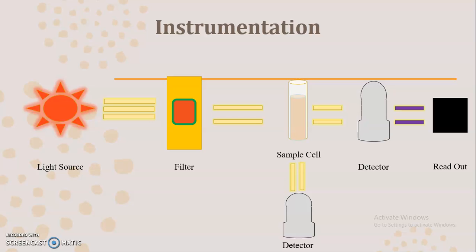And if the detector is placed linear to the incident beam, then that instrument is known as the turbidimeter. So this is about the instrumentation used for the nephelometer as well as the turbidimeter.